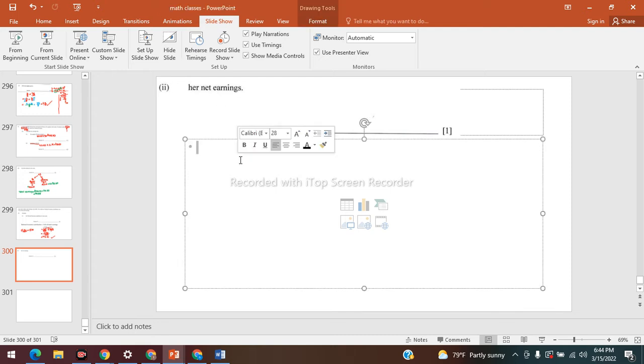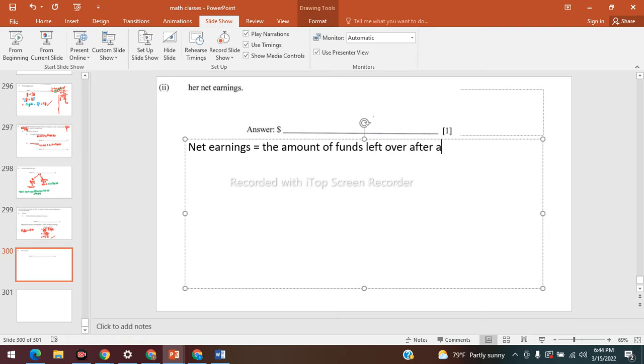You could basically think of it as a profit, but net earnings, by definition, is the amount of funds left over after all expenses are paid.